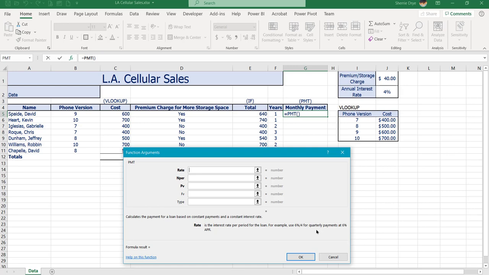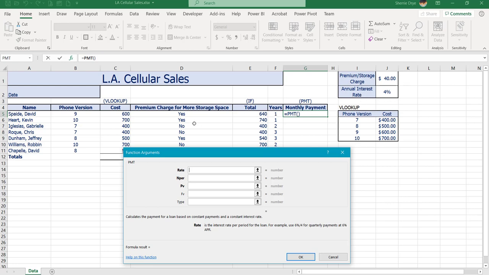Okay, so it's got an example here for quarterly payments. If it's a 6% annual interest rate, you're going to divide that by 4 if you have to pay in quarterly payments. Now in this example, the customers are paying in the years. You're going to pay every month for the number of years that you have the loan, so it's a monthly payment.